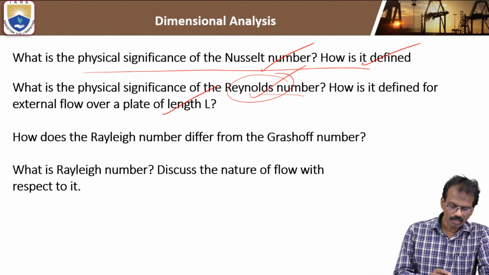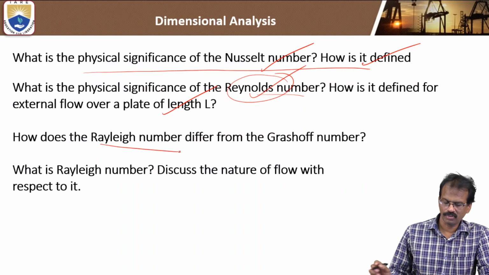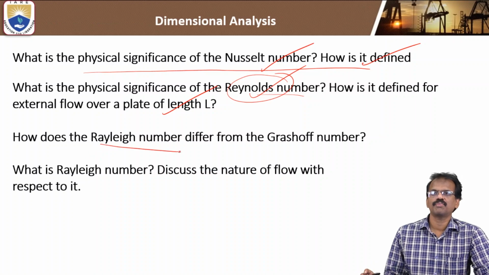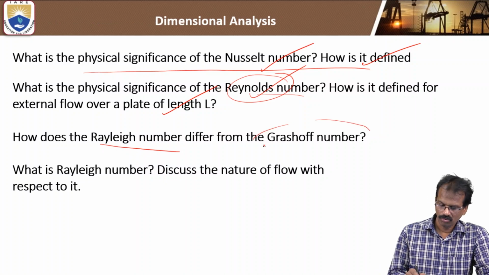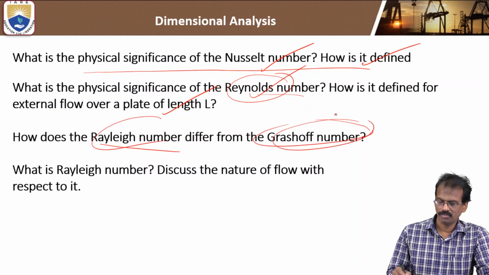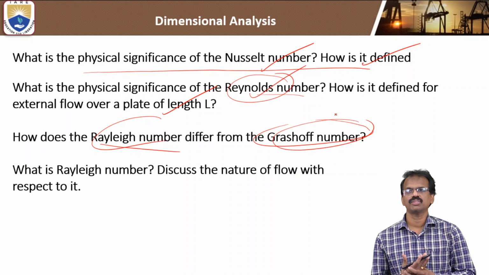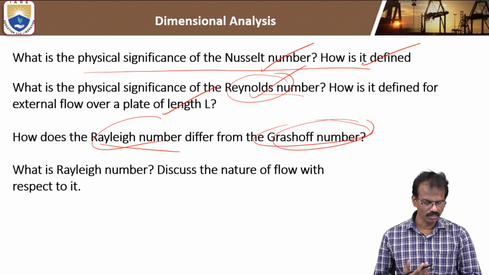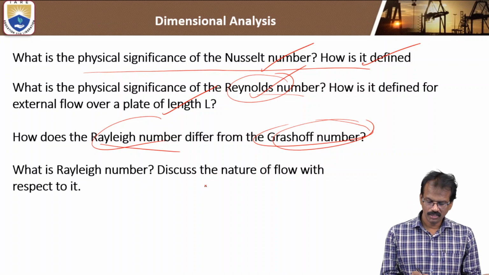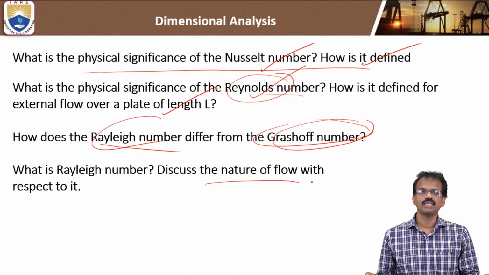Next, how does the Rayleigh number differ from the Grashof number? What is the Rayleigh number, what is the Grashof number, and what is its importance? Also discuss the nature of flow with respect to it.